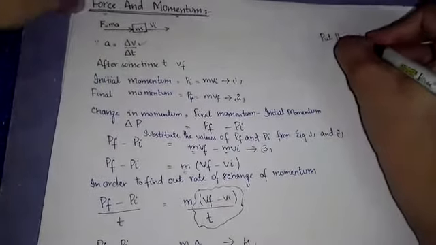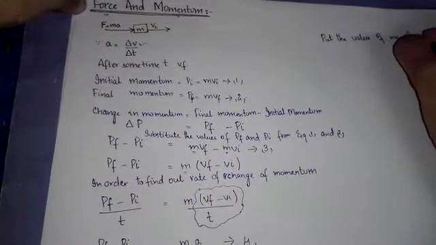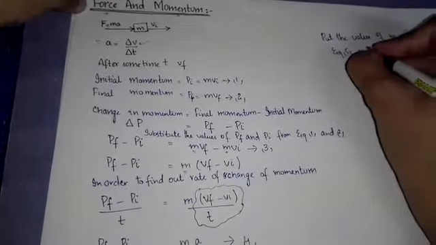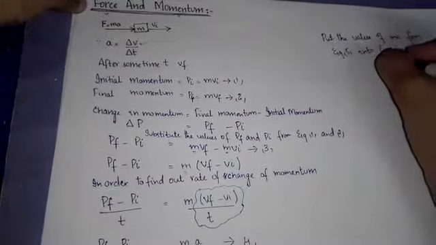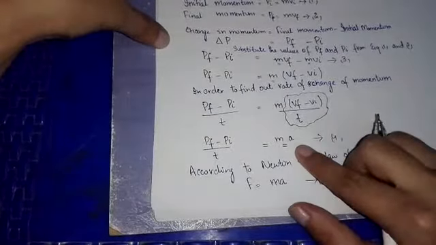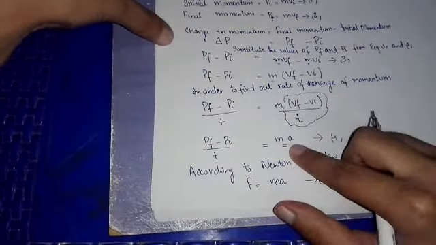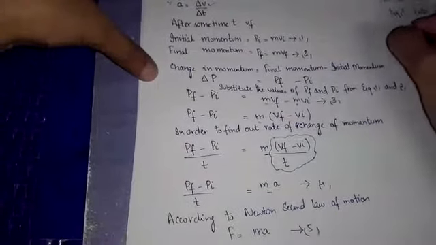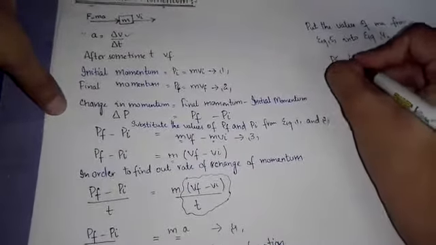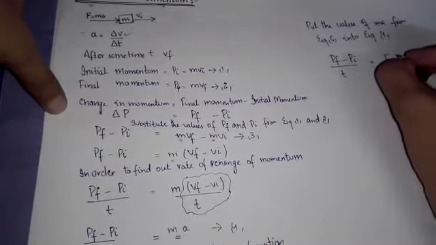Put the value of force, put the value of ma from equation number 5 into equation number 4. ma is equal to force. So in equation number 4 we can also write rate of change of momentum is also equal to force. That is, this is the rate of change of momentum and this is the force.